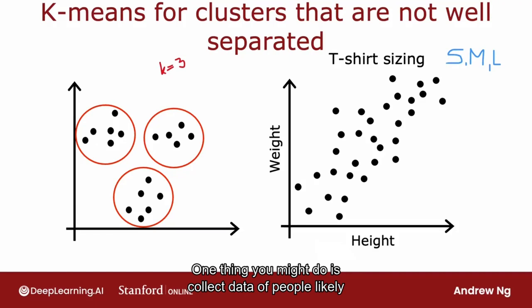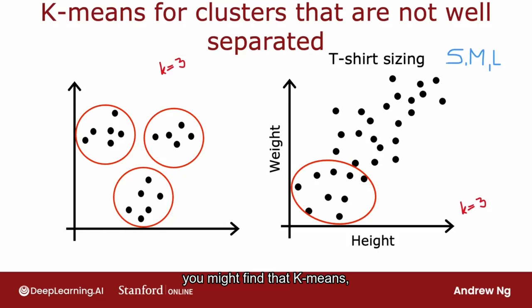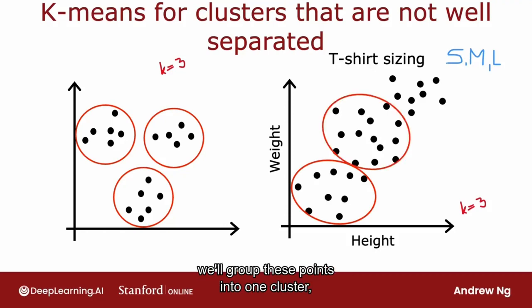And so one thing you might do is collect data of people likely to buy your t-shirts based on their heights and weights. And you find that the height and weight of people tend to vary continuously on the spectrum without very clear clusters. Nonetheless, if you were to run k-means with, say, 3 cluster centroids, you might find that k-means would group these points into one cluster, these points into a second cluster, and these points into a third cluster.